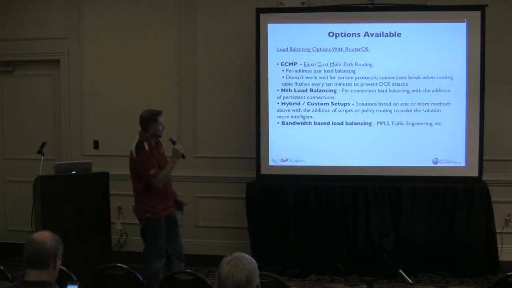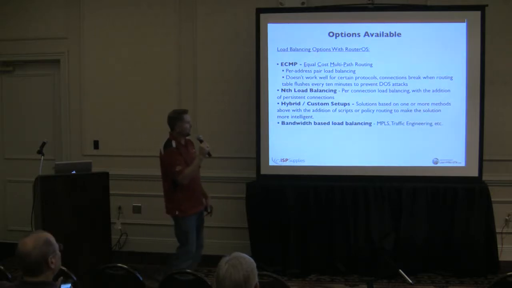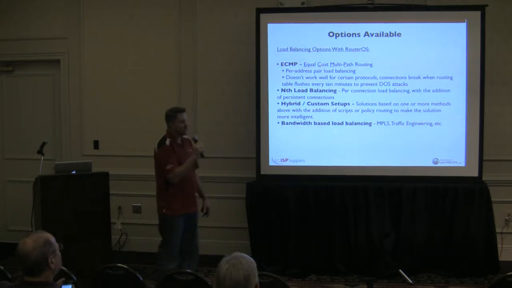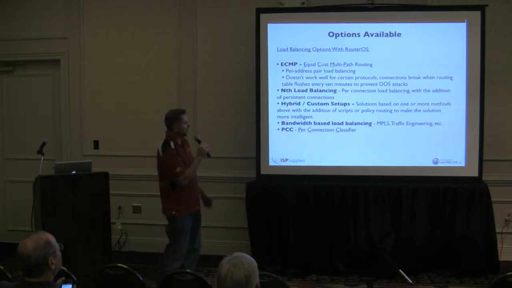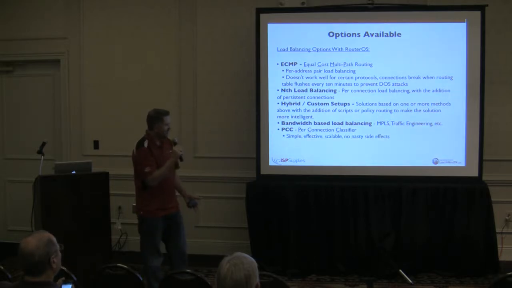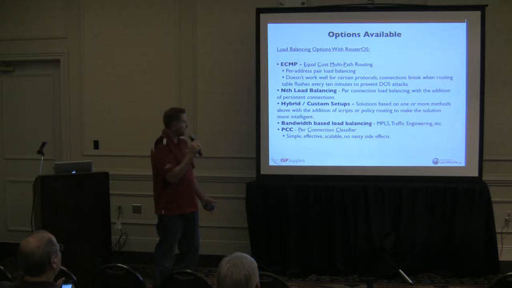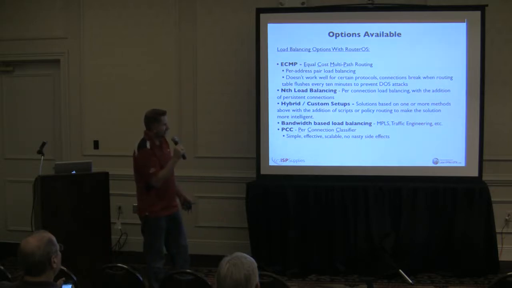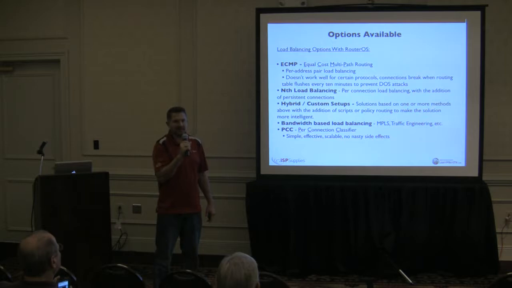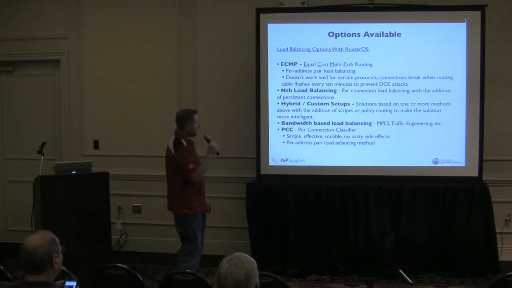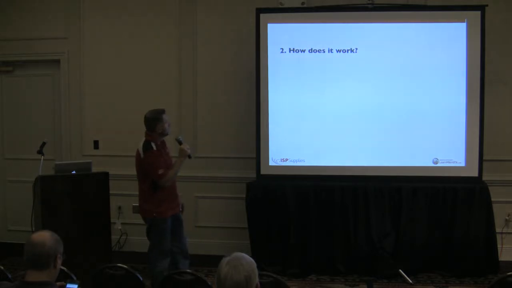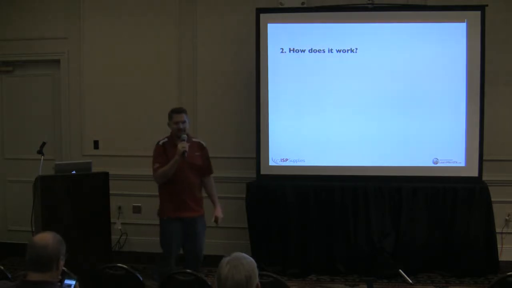There's also something a bit more complicated, bandwidth-based load balancing using MPLS and traffic engineering, or the per connection classifier, which is what we're going to talk about today. In my opinion, this is the simplest way to do load balancing. It's very effective, it's scalable, it doesn't have any of the nasty side effects of some of the other methods. It is a per address pair load balancing method. And the question now, how does it work?